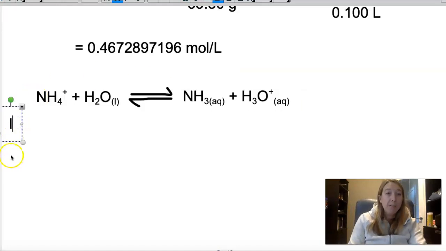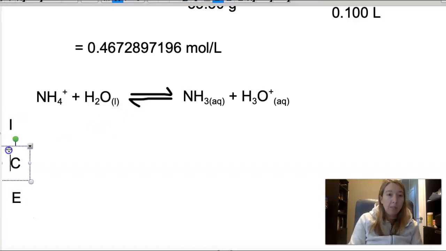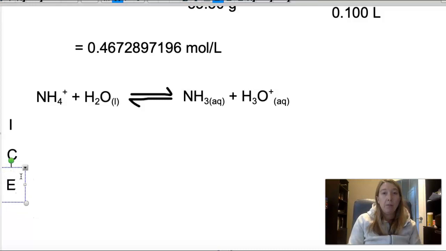So we set up our ice table, right? So you should be starting to recognize that one of the most important steps when you're in this unit is actually going to just be figuring out whether you have an acid or a base. And you're figuring all that out using that acid-base table in your data booklet. So finding things and figuring out what column they're in to make sure that you write the appropriate equation.